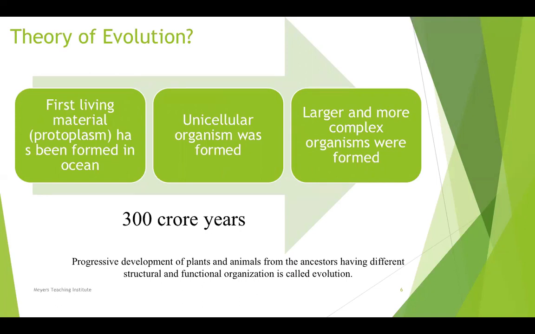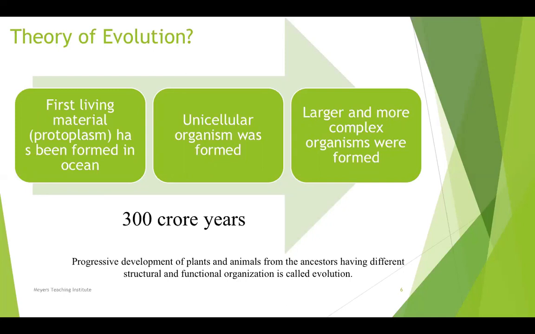In due course of time, unicellular organisms were formed. Gradually, changes occurred in the unicellular organisms, from which larger and more complex organisms were formed. All these changes were slow and gradual, over a period of almost 300 crore years.